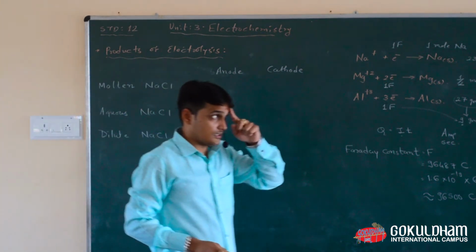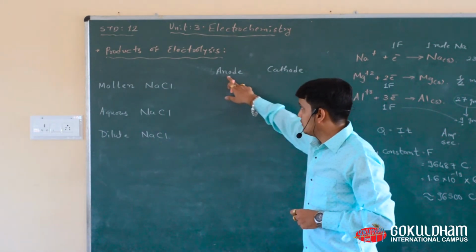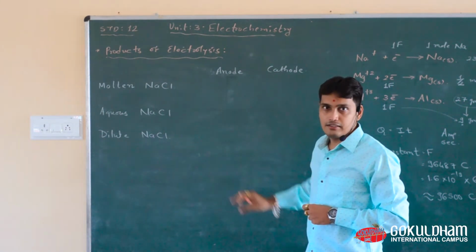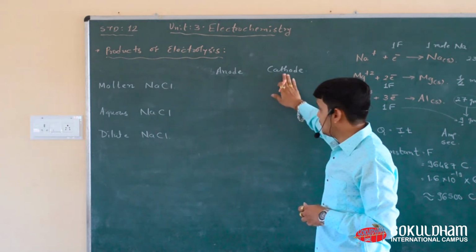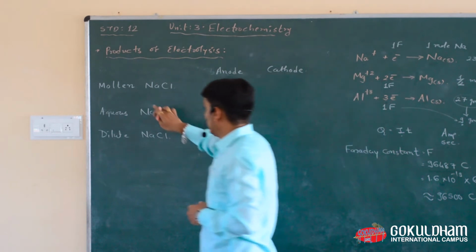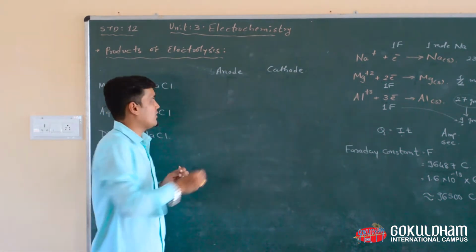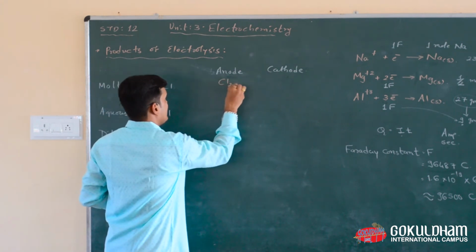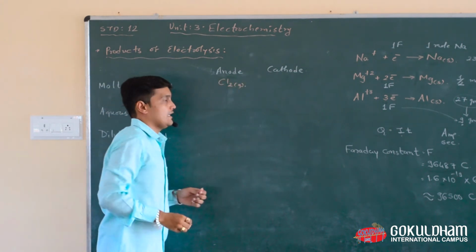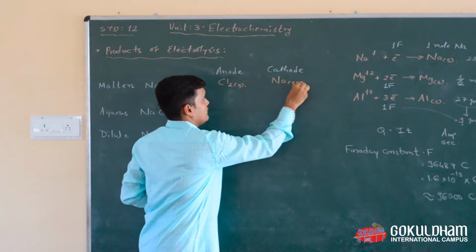In molten NaCl, in the start of our lecture I said that on the anode there is always a gas, and on the cathode there is always a metal. Then in molten NaCl, the anode gives Cl2 gas and the cathode gives Na solid.